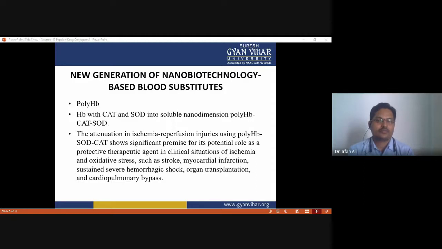So in the reperfusion of ischemic rat intestine, the polyhemoglobin catalase SOD molecule significantly reduced the increase in oxygen radicals caused by the polyhemoglobin, as measured by the increase in 3,4-dihydroxybenzoate. And some of the researchers also performed a study of global cerebral ischemia reperfusion in a hemorrhagic shock model.